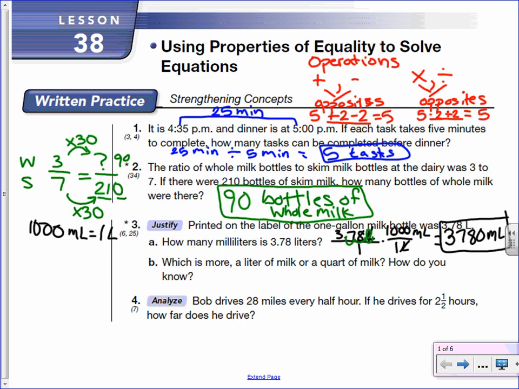Which is more, a liter of milk or a quart of milk? Well, the word quart kind of looks like quarter, and that means that there are 4 quarts in 1 gallon.